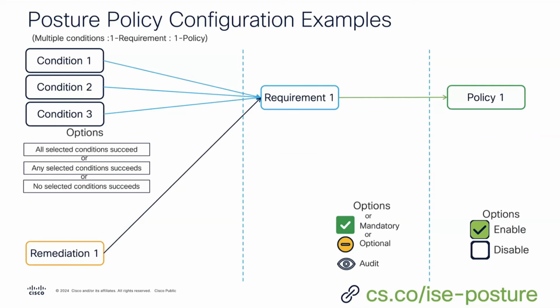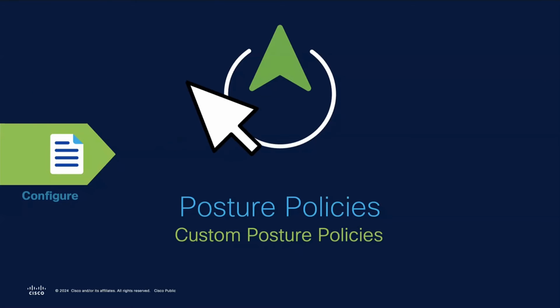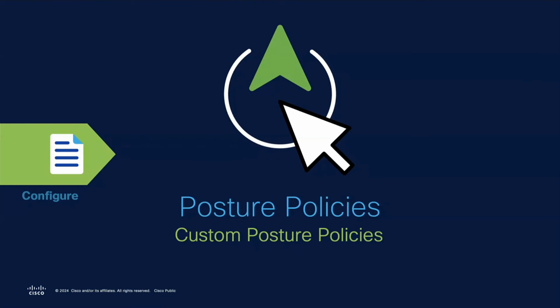And because you are making use of multiple conditions, you can make use of the AND operator or none operator at a condition level. I know this is kind of confusing. Let's remove your confusion by going through the demonstration.